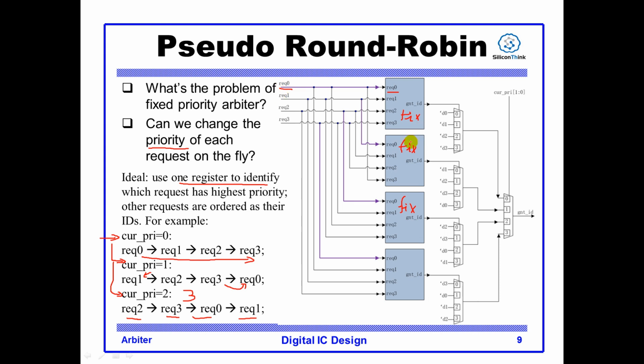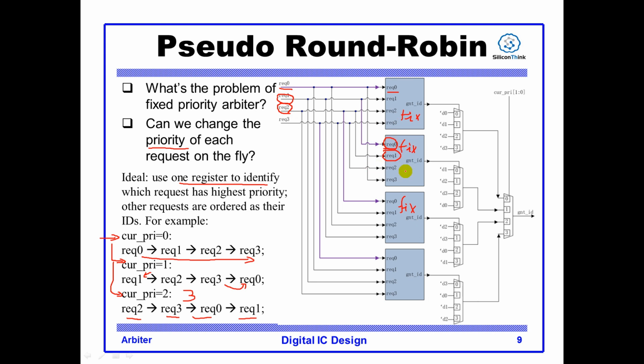But for the second one, the input signal here, request 0, is actually connected to this point. And request 1 here is actually connected to this signal. There is a 1 bit shift.